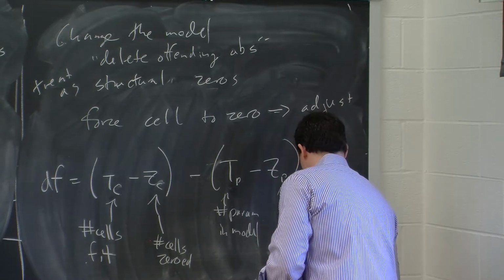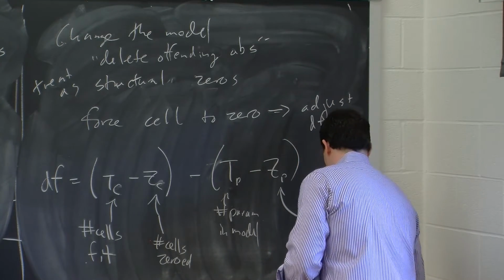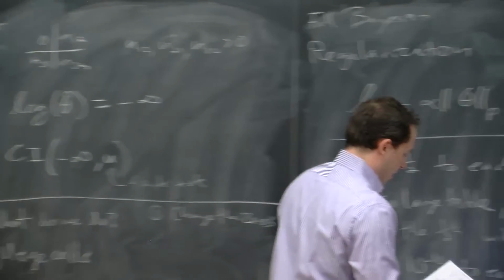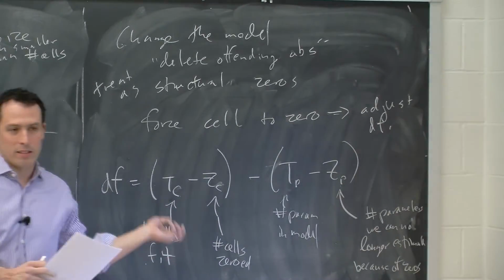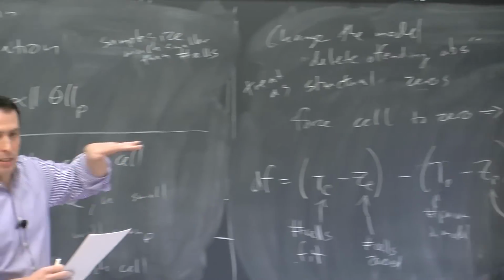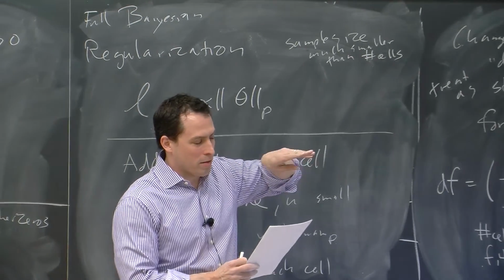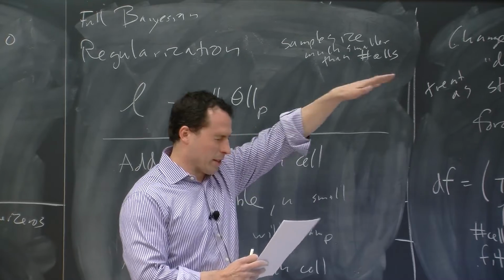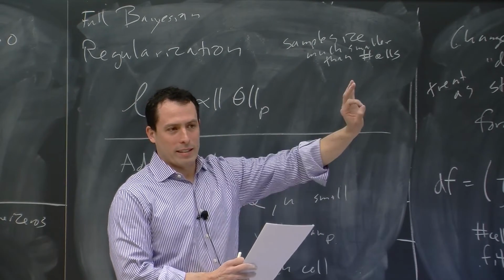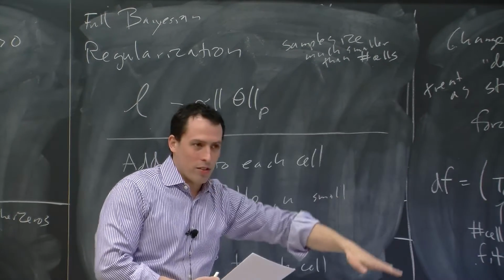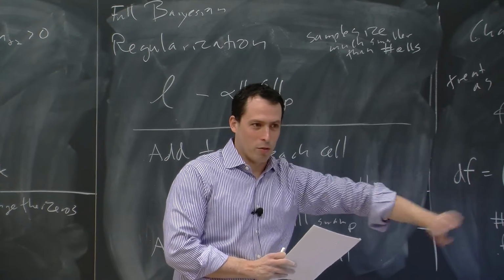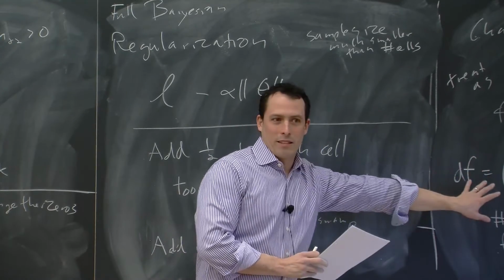If you have it set up right in SAS and R, sometimes you can accomplish this by just deleting the observations that correspond to 0 cells. If you've written it not in terms of the data rows, where each observation has count 1, but in terms of the cells, and you have all the cells listed and one of those cell entries is 0, and you just don't put that in, you'll generally get this adjustment made for you.